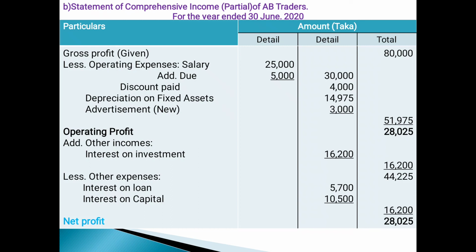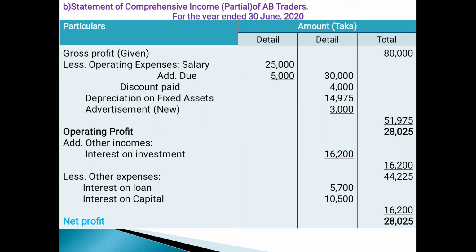Less operating expenses. Totally 4 items of operating expenses are available in this question. First, salary 25,000 plus due from adjustment Taka 5,000. Total amount of salary is written in the middle column, Taka 30,000. Discount paid from trial balance, Taka 4,000. Depreciation on fixed asset from adjustment, 14,975.